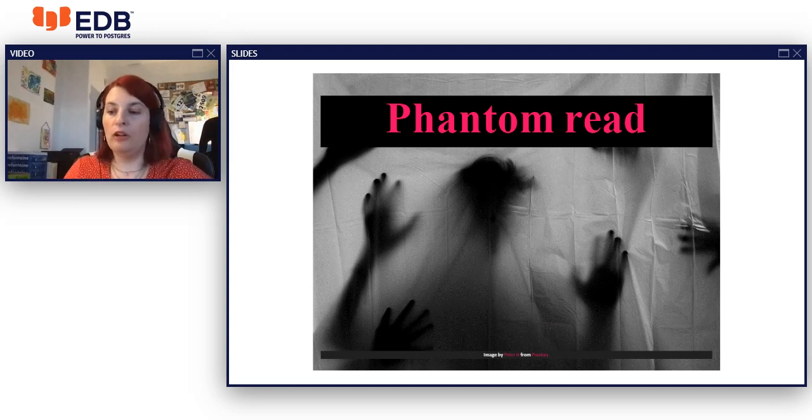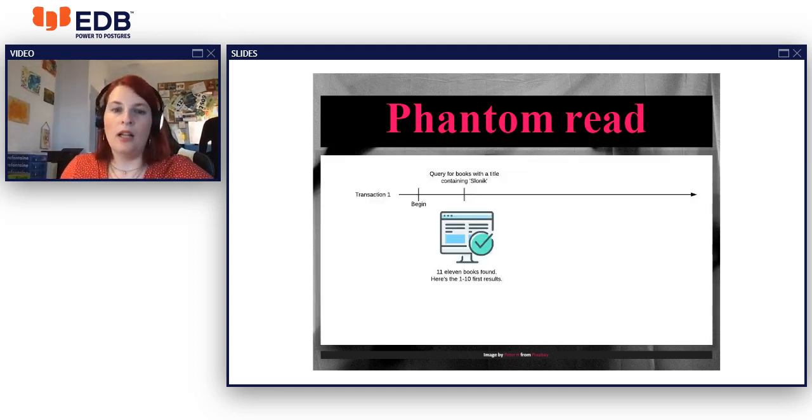So if we find an example about that, let's say you're browsing for a book with a title containing Slonic in it. The website says, okay, 11 books found. Here are the first 1 to 10 results, because it's something websites love to do. It's pagination. So let's assume there's pagination.